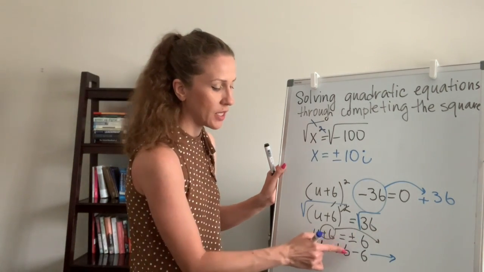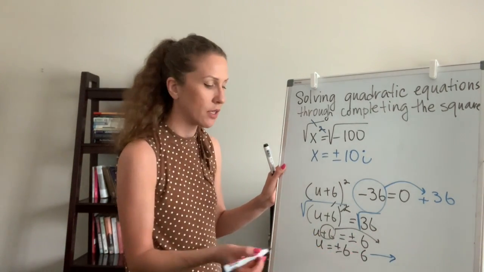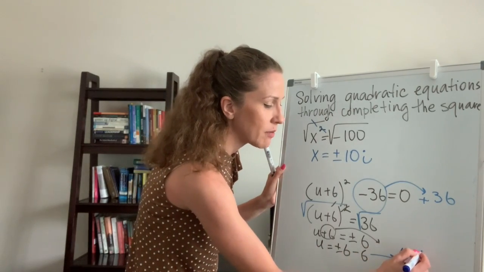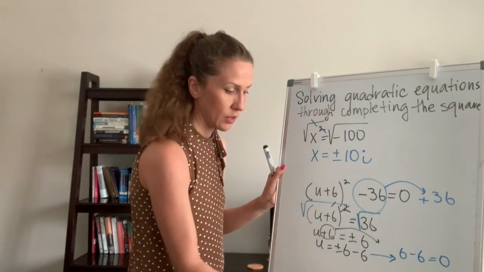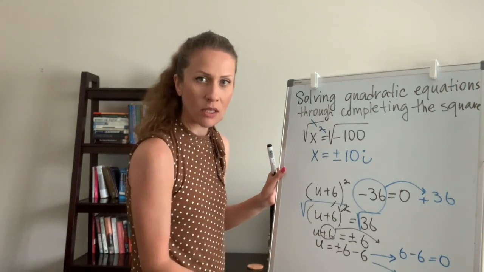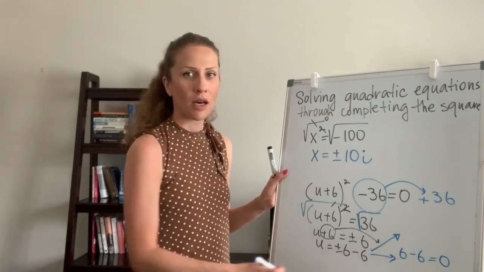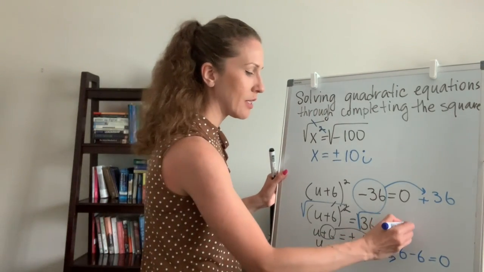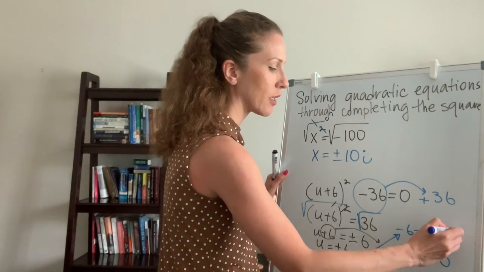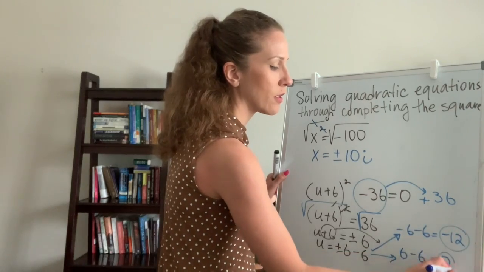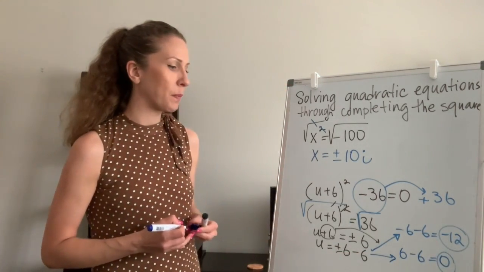So remember, positive 6 minus 6 and negative 6 minus 6 are your answers. So positive 6 minus 6 gives you 0. And then the second answer will be negative 6 minus 6, which is negative 12. So these are your answers, negative 12 and 0.